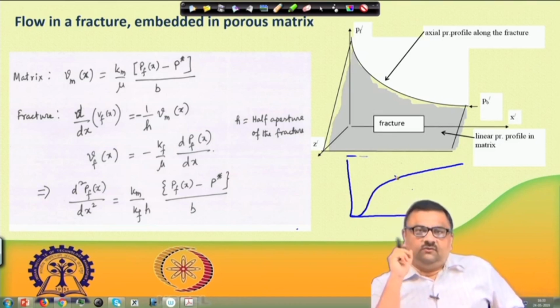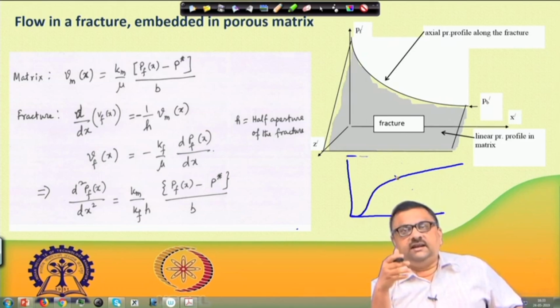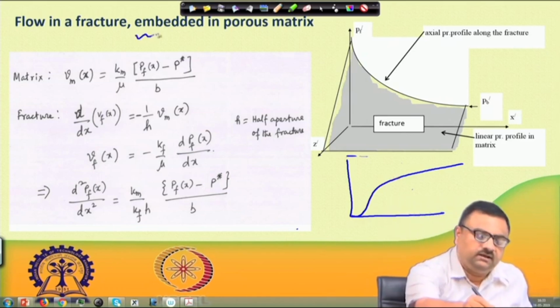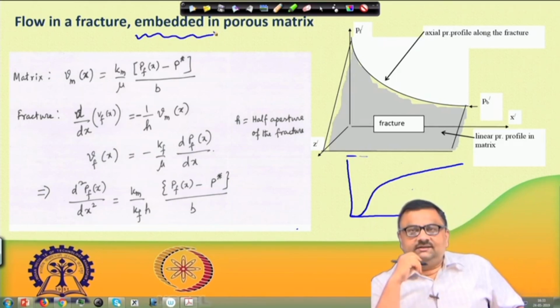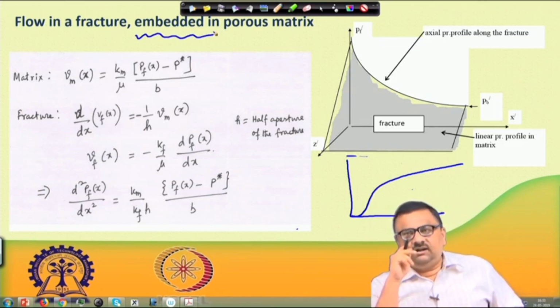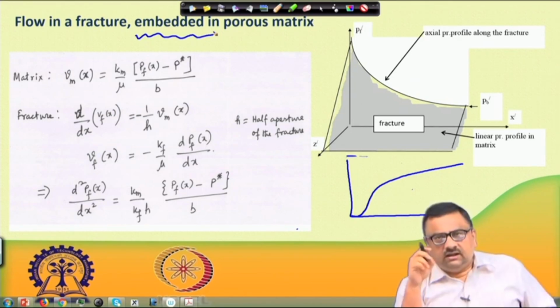Now, when it comes to flow through a fracture, there are two ways we can think of this flow happening. When you have a fracture embedded in a porous matrix, there are two kinds of flow. One is when I am injecting at a very low rate, a very feeble rate, for example injecting a contaminant or some tracer into the fractured porous medium, and the fracture is thin.